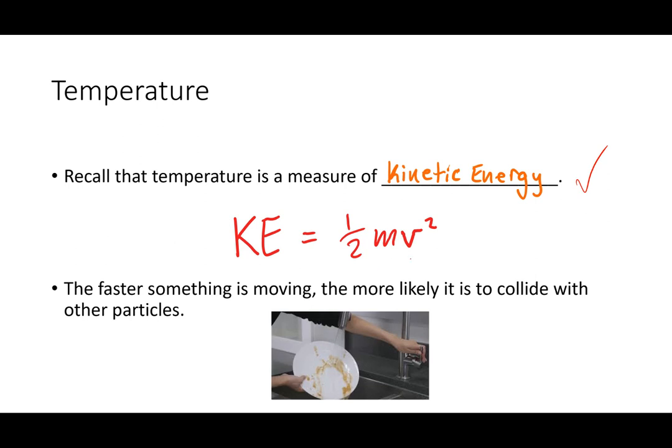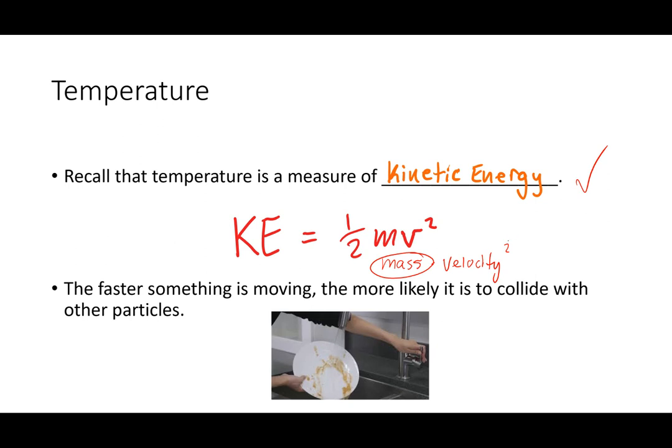So it's 1/2 the mass times the velocity, and the velocity part is squared here. Okay, so even though compounds typically have very little mass, they're traveling extremely fast.